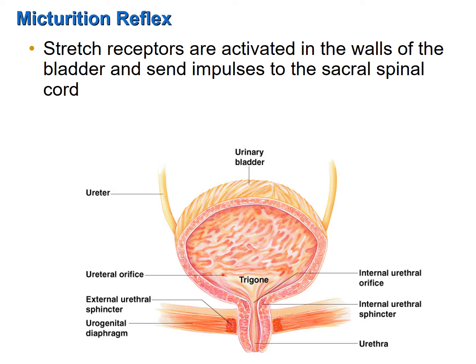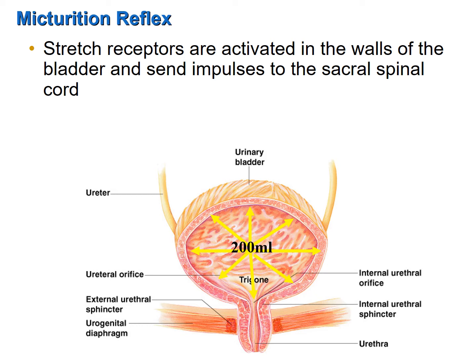The process of emptying the bladder is accomplished by the micturition reflex. As urine enters the urinary bladder, the walls of the bladder are stretched. Stretch receptors are activated when about 200 milliliters of urine have entered the bladder. In response, these stretch receptors send sensory impulses to the sacral portion of the spinal cord.